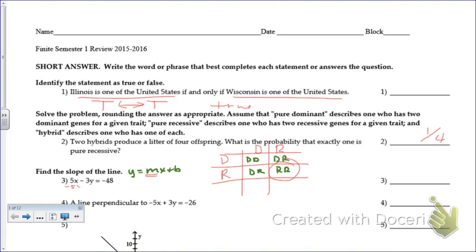So subtract 5x. That gives me negative 3y equals negative 5x minus 48. And then you're going to divide by negative 3.